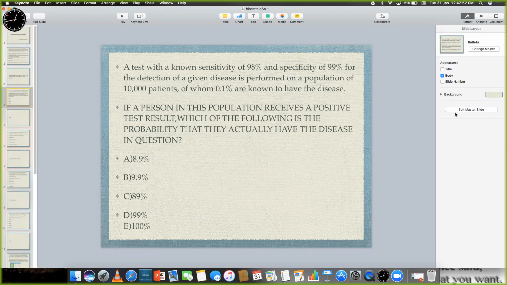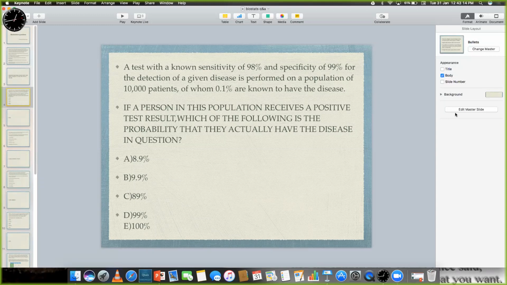No? Okay, I'll tell this again. What he's given us here is the A, B, C, and D, sensitivity of 98%, specificity of 99%. 0.1% of the population, which is 10,000, have the disease.